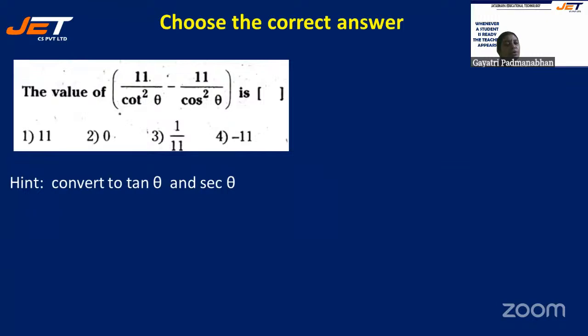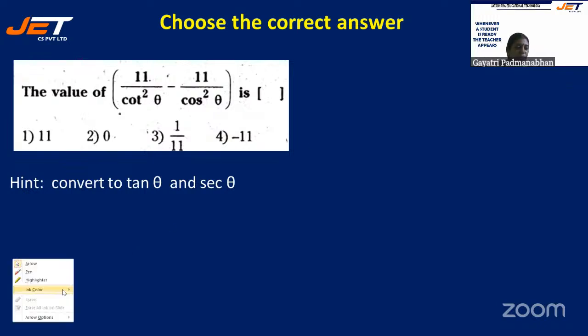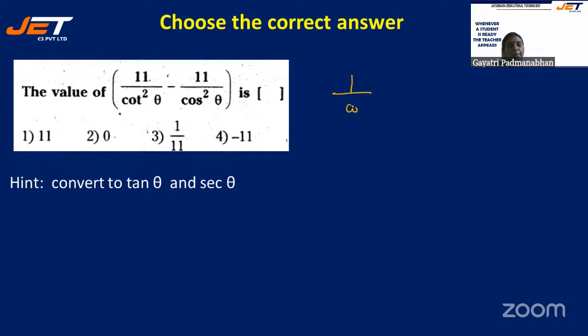The value of 11 by cot square theta minus 11 by cos square theta is dash. Yes. Now, what is 1 by cot? It's actually a very simple logic. 1 by cot theta is tan theta. 1 by cos theta is secant theta.